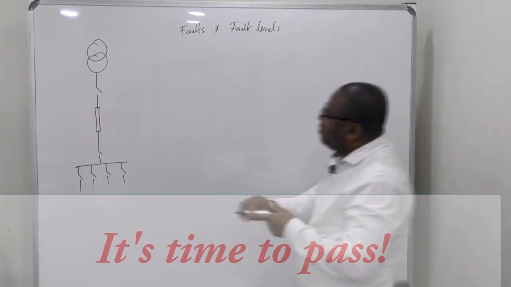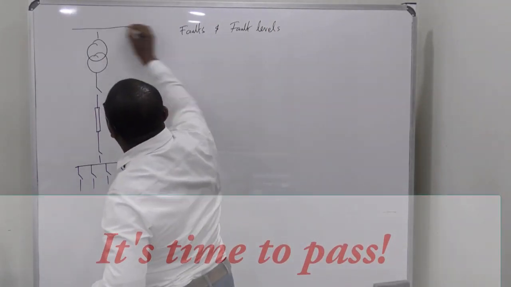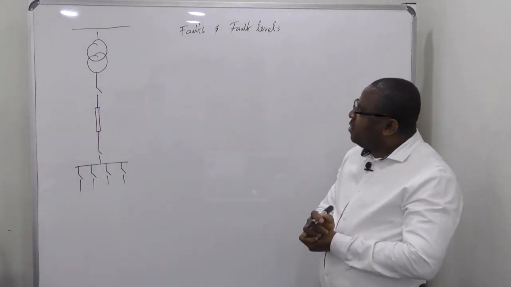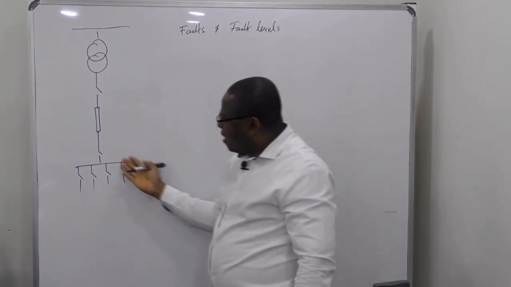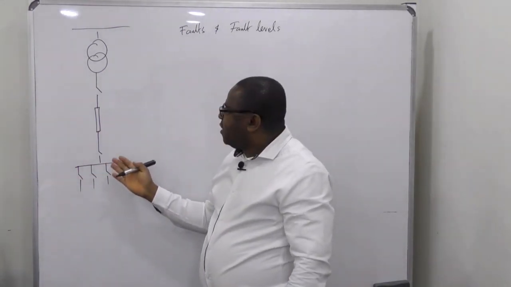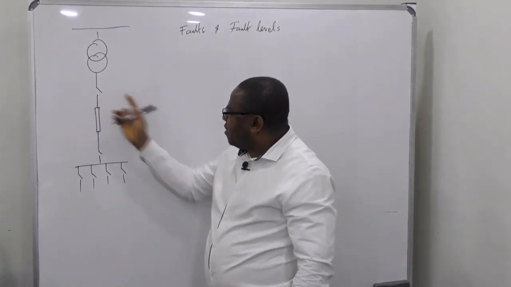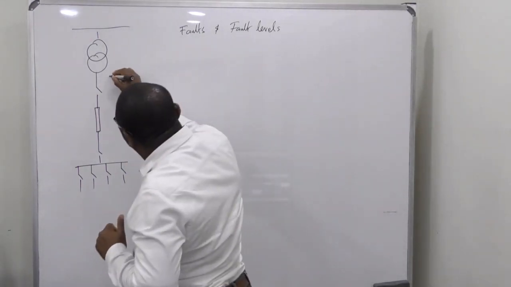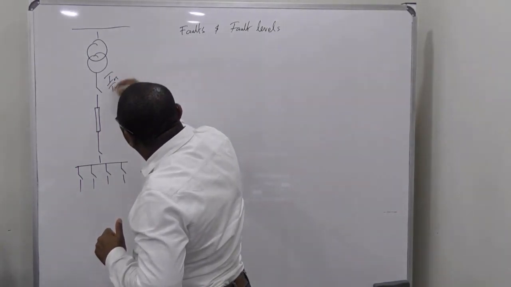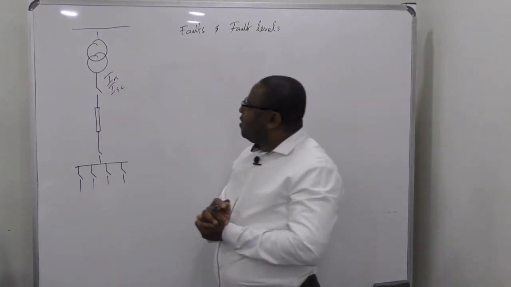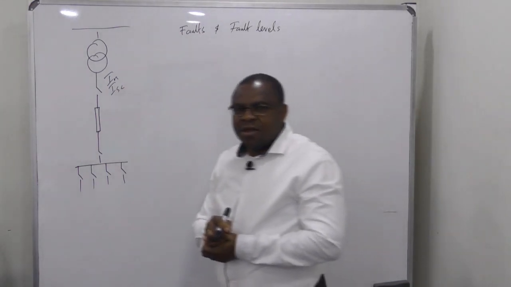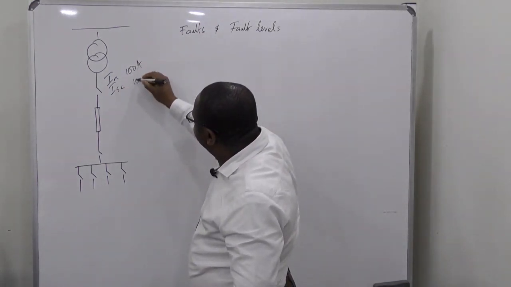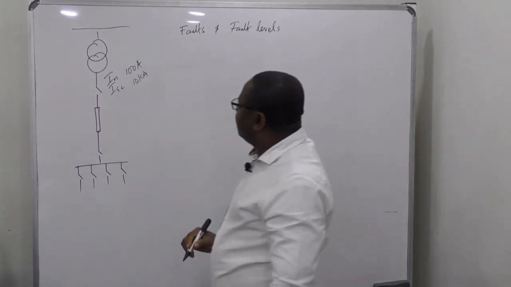This is very important. The essence of this course is that it will help us to size our switchgear. It will help us to size the circuit breaker. Remember that a circuit breaker has two ratings. We'll have the nominal rating, IN, and we'll have the short circuit rating. Like you can have, for example, a 100 amps, 10 kA circuit breaker.